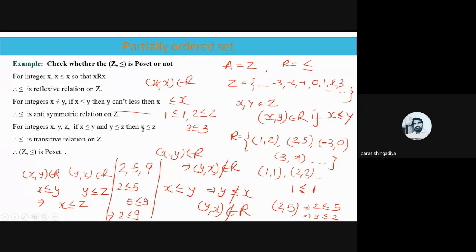So that is example number 1: based on the definitions, is it a poset or not? Here we check reflexive, antisymmetric, and transitive, and all conditions are satisfied. Therefore we can say it is a partially ordered set. And now next there is one result.